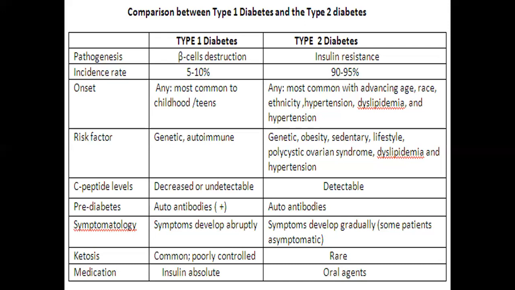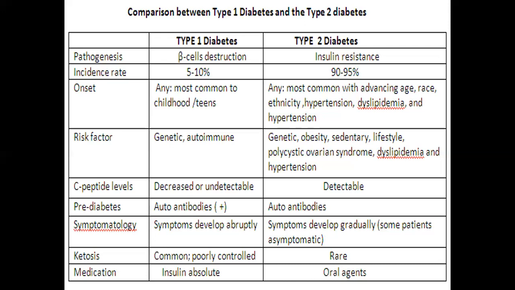type 1. And since type 1 diabetes mellitus is an autoimmune disease, there is a presence of autoantibodies. These autoantibodies are directed to the B cells in your pancreatic islet cells, causing them to be destroyed, thus causing B cell destruction, leading to decrease or deficiency in insulin.